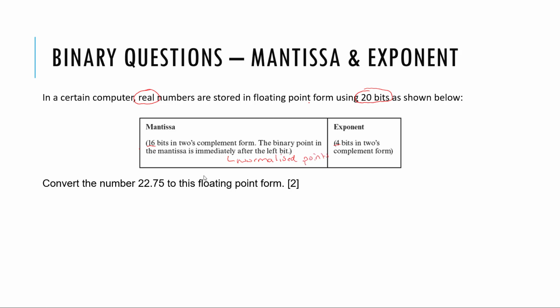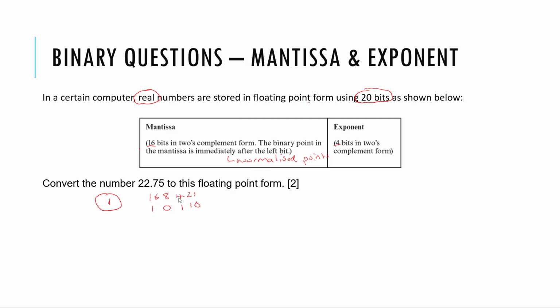Convert the number 22.75 to this floating point form. Step 1, shortest number of bits. 1, 2, 4, 8, 16. Don't need 32, so I take 16. That gives me 4, 5, 6 left. And I'll take 6. Is that 22?